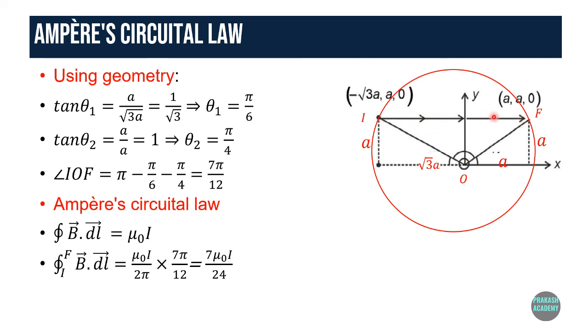So, B dot dl due to this portion is the same as B dot dl due to this portion, but I know B dot dl due to this portion, that is this value. This means B dot dl due to this portion is also the same. So, that is basically 7 mu naught I by 24, and this was option A. So, option A is the correct option.